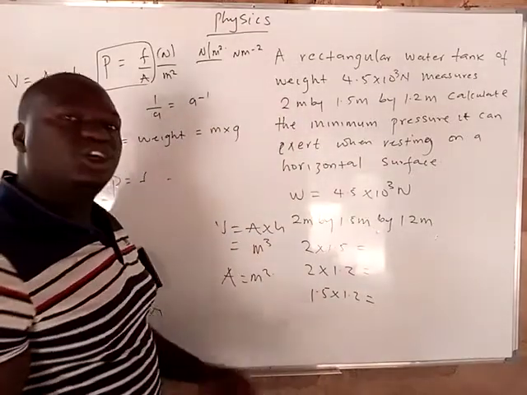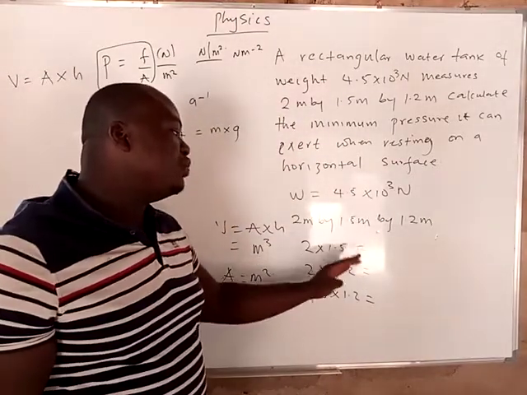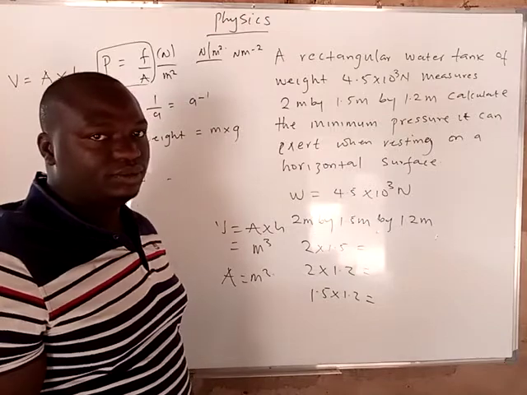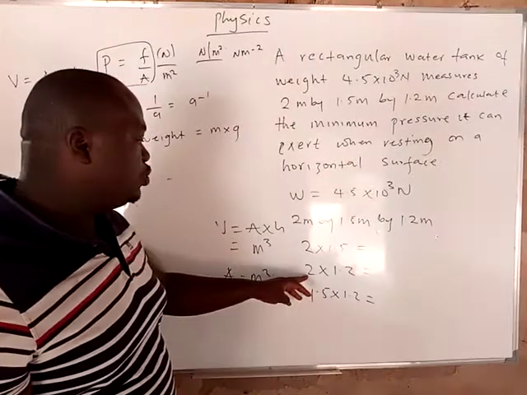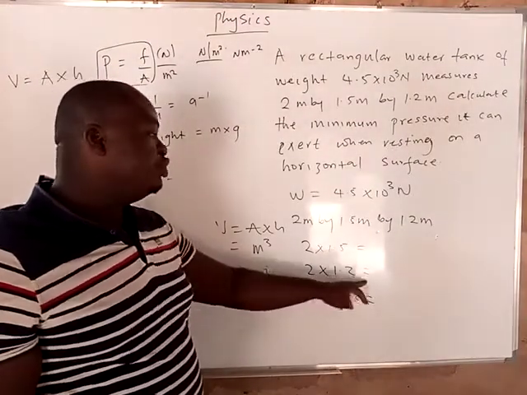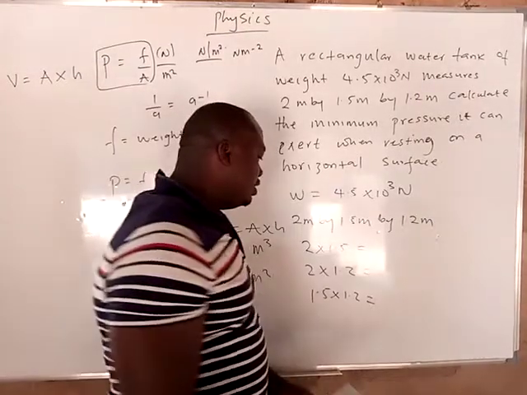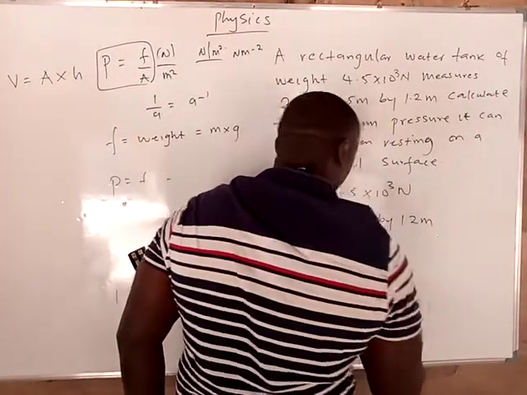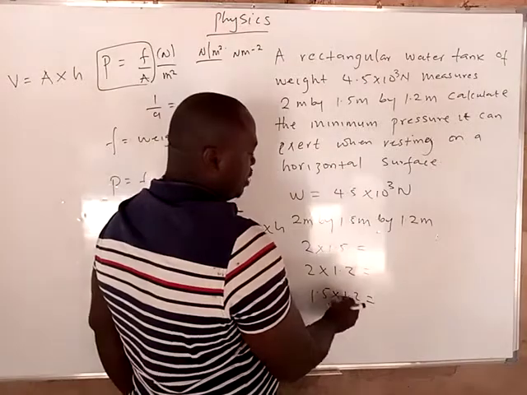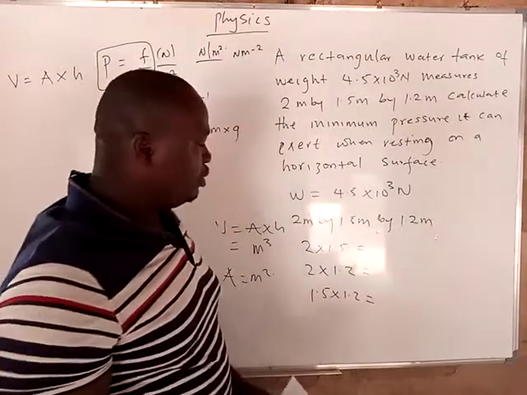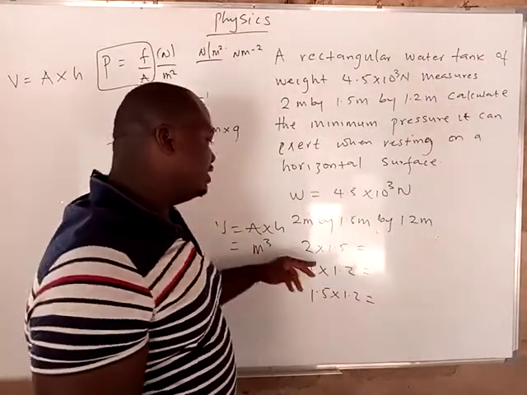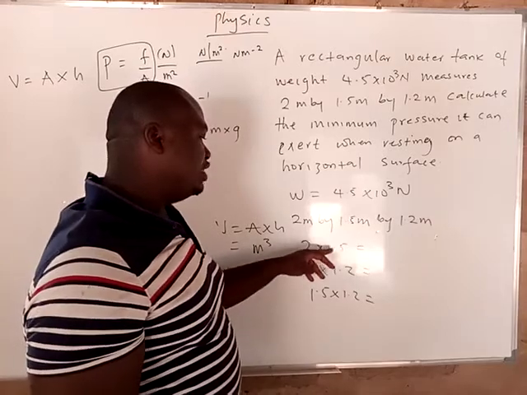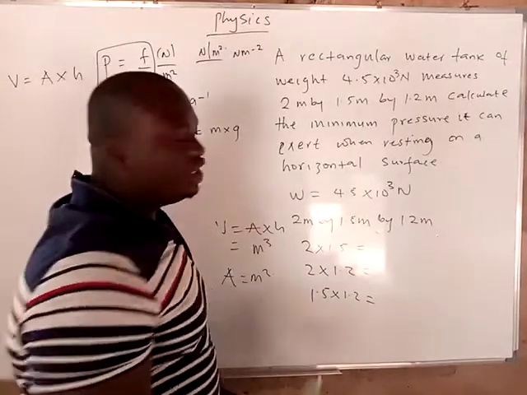Why are you doing this? You want to know the area that is the highest. 2 times 1.2 gives around 2.4, and that is not what we need. 1.5 times 1.2 will not give the quantity we need either, but 2 times 1.5 will give you 3.